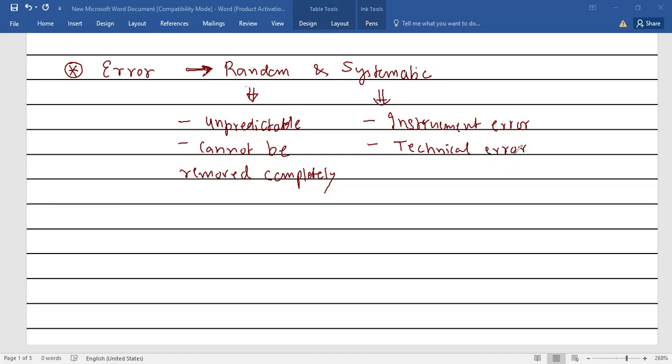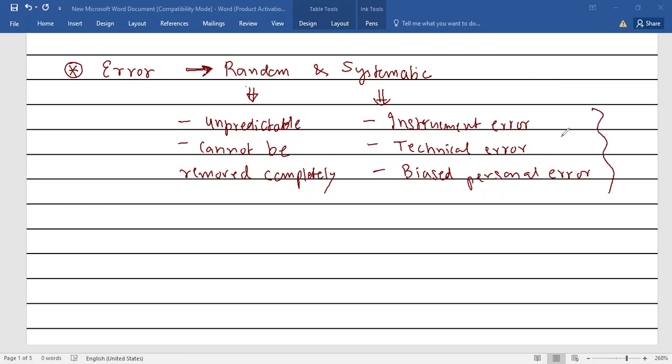If you make a mistake in that kind of thing, then we are bound to get the error. So first, instrumental error, second, technical error, and third is biased personal error. Even if our instrument is correct and our technique is correct, biased personal mistakes will lead to systematic error.